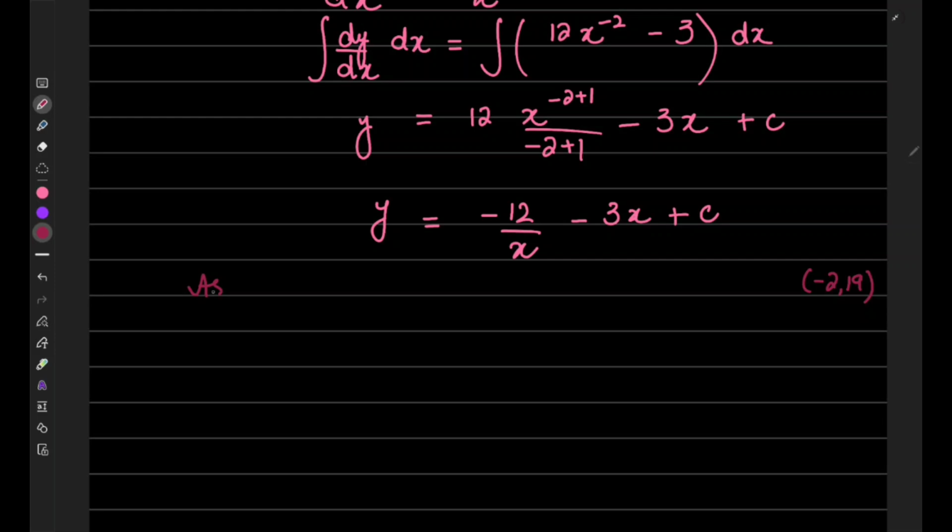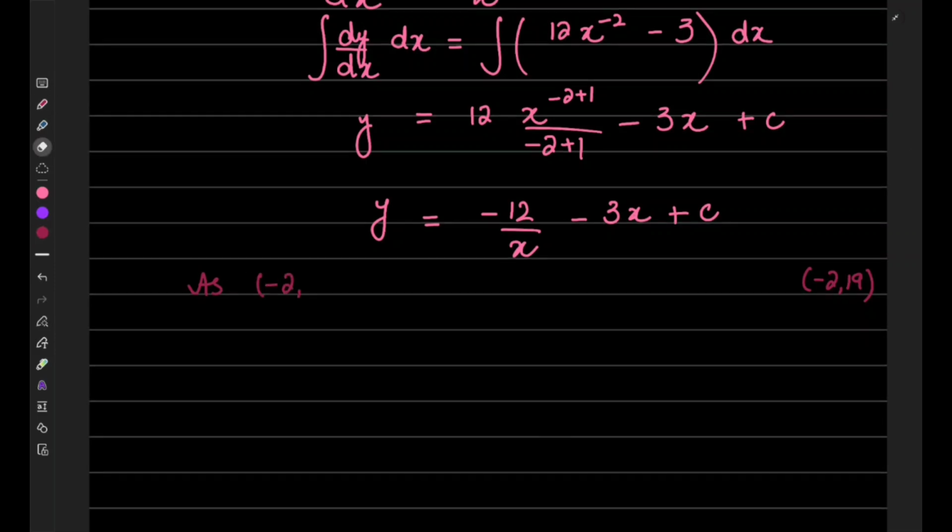So we can write as minus 2 comma 19. This point lies on the curve. So we will be substituting this. y is equal to 19 and x is equal to minus 2. Minus 3 times minus 2 plus c.